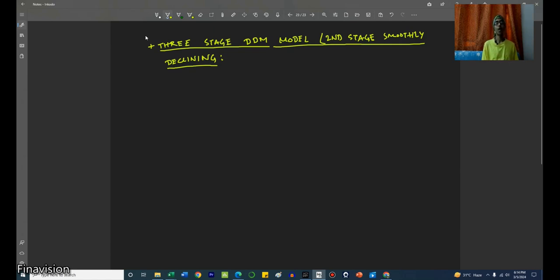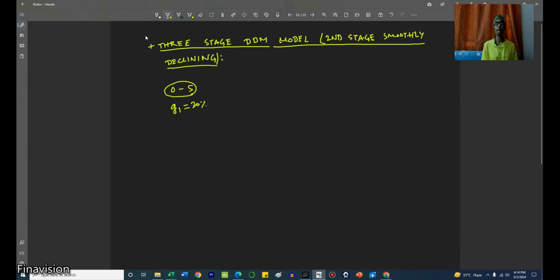Friends, now we will look at a 3-stage dividend discount model, and particularly we'll look at a case where the second stage is smoothly declining. Okay, so let's say from time 0 to 5 the growth rate G1 is equal to 20%.